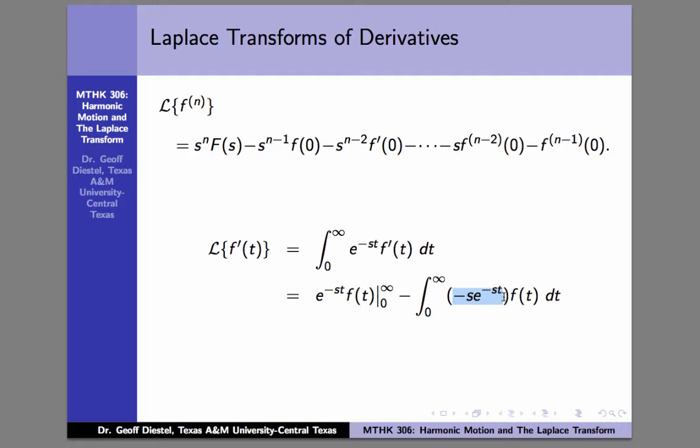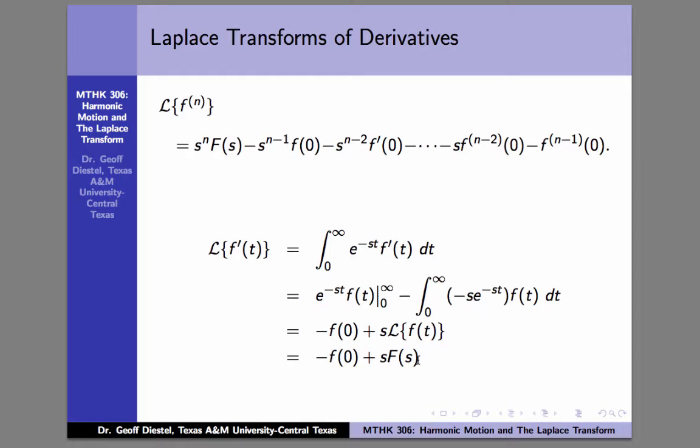This is the derivative of e to the negative st. Now the negatives cancel. The s is just a constant. It comes out front. And what we're left with is the integral of this, which is just the Laplace transform of f. In other words, we get exactly the formula we have above when n equals 1.